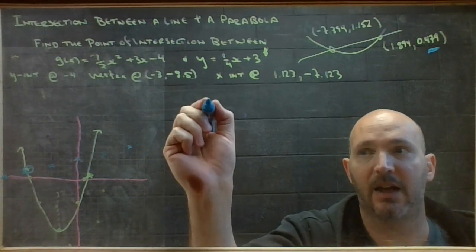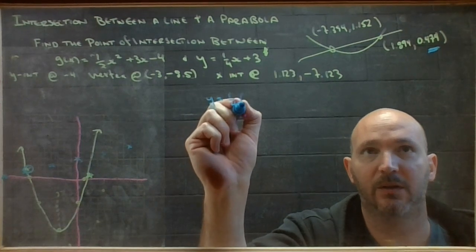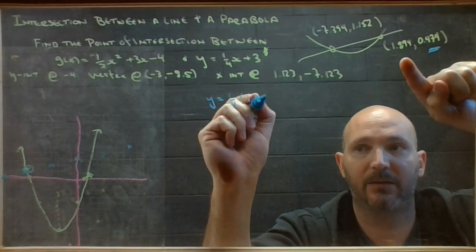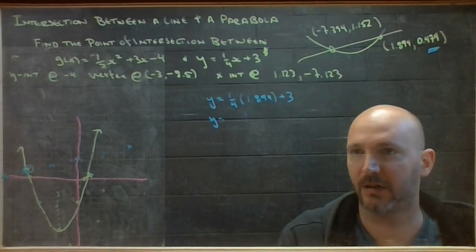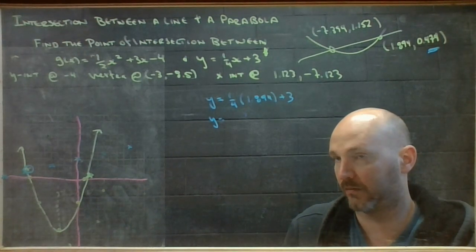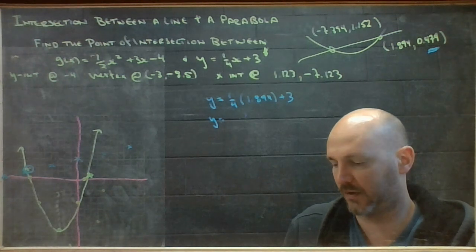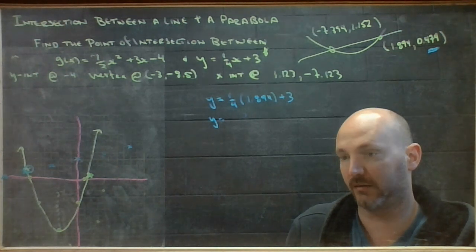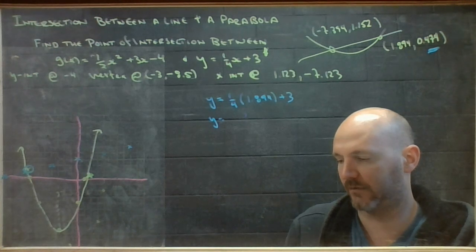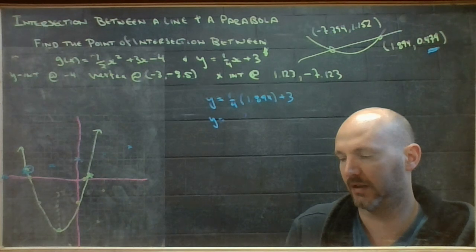So I should have my y being 1/4 of the x value plus 3. 1.894 divided by 4 is, wow, calculator, that's not good. 1.894 divided by 4 plus 3 equals 3.474.